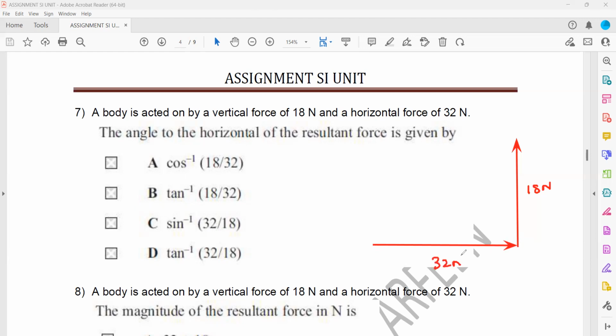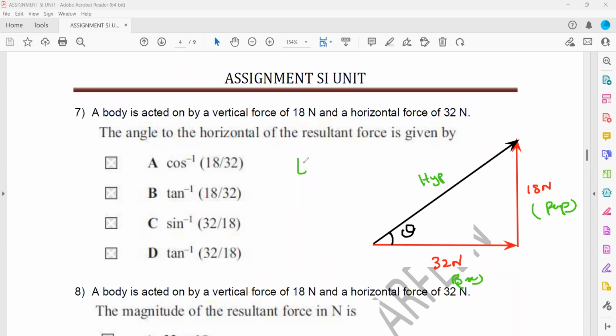As the two forces are perpendicular, to get the magnitude of the resultant we'll use the Pythagoras theorem. And to get the angle with the horizontal, it will make a right angle triangle. As it's making a right angle triangle, we have hypotenuse, base, and perpendicular. So we have perpendicular and base.